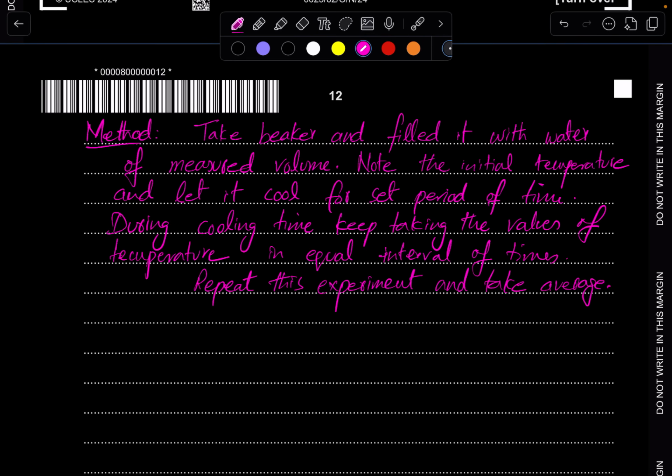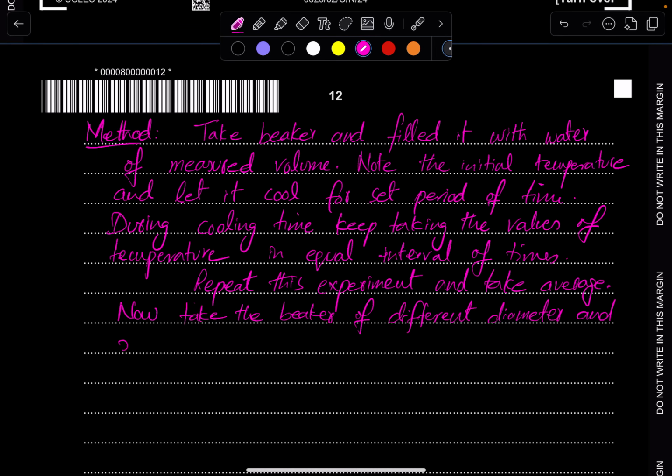What we have to do now is take a beaker of different diameter and repeat the whole process.